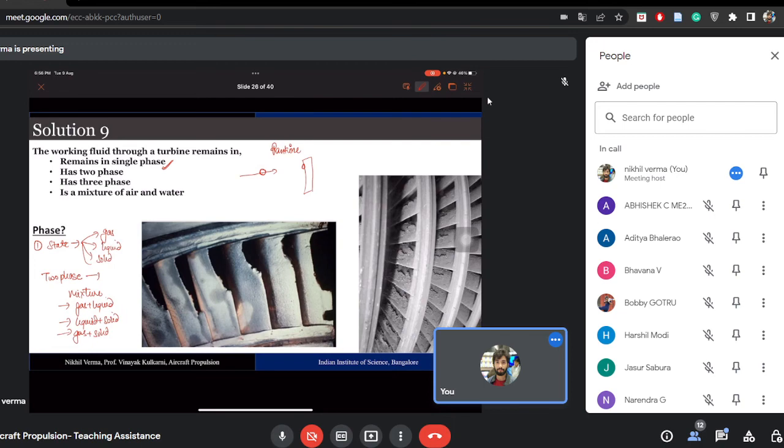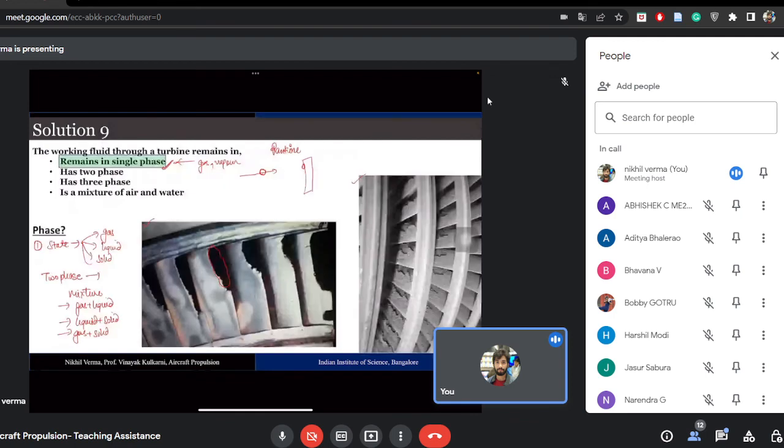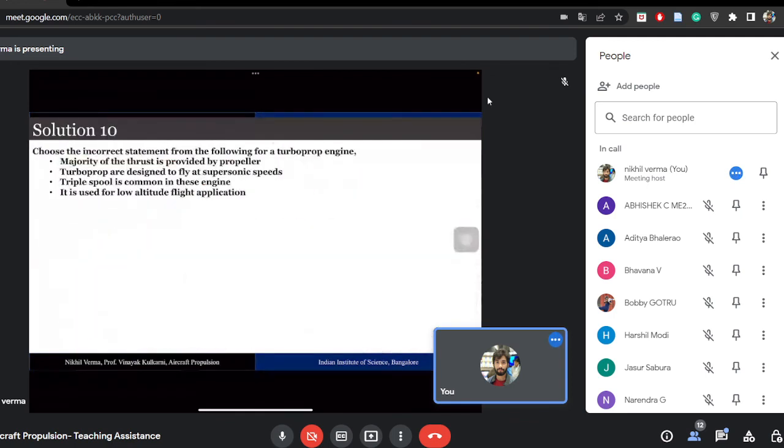As you can see in these two images, the turbine blade is being eroded by the two phase flow. This is why two-phase flow is not desirable in turbines. Rather, we only stick to single phase, that is the gas or vapor state. So okay, the correct answer is it remains in a single phase.